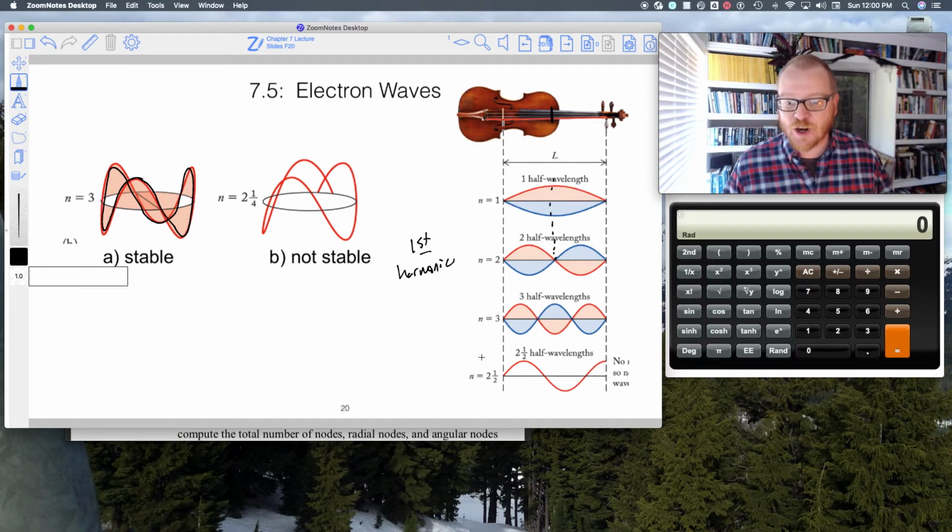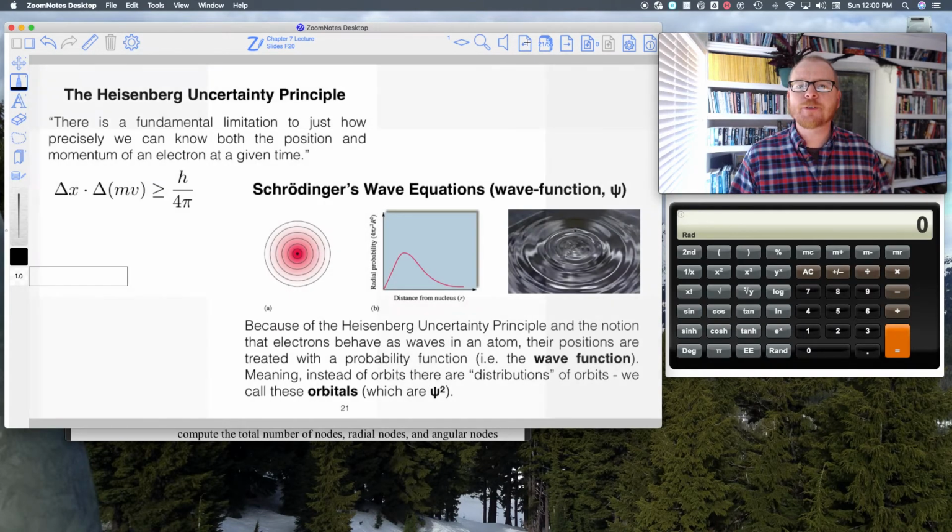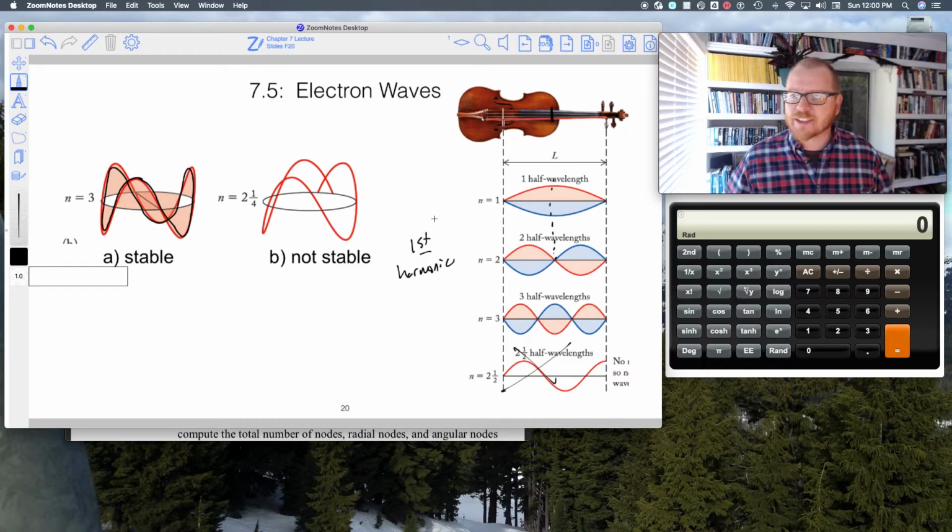But the important thing to note is that it's got to be these whole number wavelengths. Okay, folks? So this stuff is pretty tough to grapple with. It's out there. It's very abstract. We have very few things in our everyday experiences that allow us to think about this stuff, other than music and instruments. So it's pretty weird stuff. If you're left thinking, whoa, that's weird, it is.